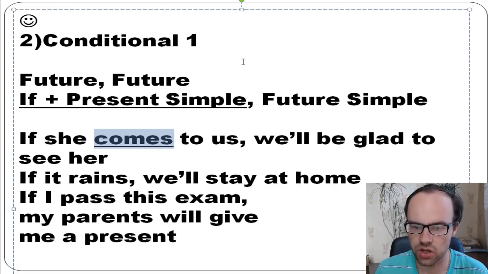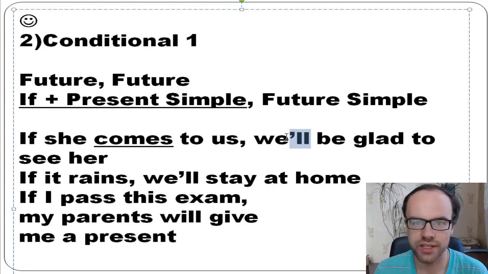It's future simple, it's a short form, okay? So we can say we will or we'll. You know that native speakers mostly use a short form when they speak. So we'll be glad to see her. Yeah, and it's about the future, but you have to use present.